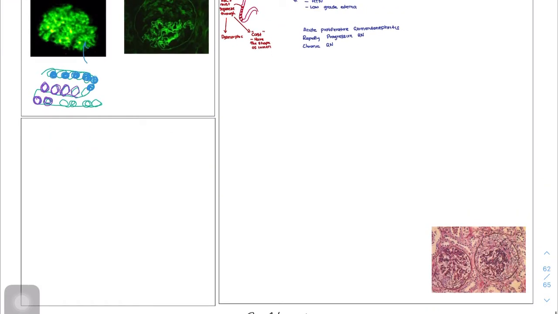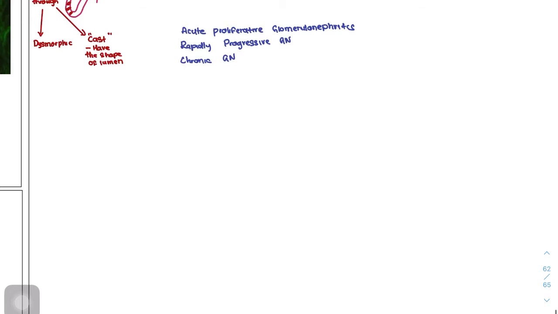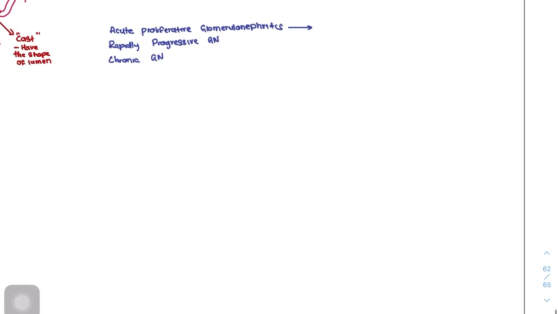So first I will talk about the acute picture, acute proliferative glomerulonephritis. We'll talk about this one. The first thing you need to know is it is diffuse and affects all glomeruli. How? By immune complexes.